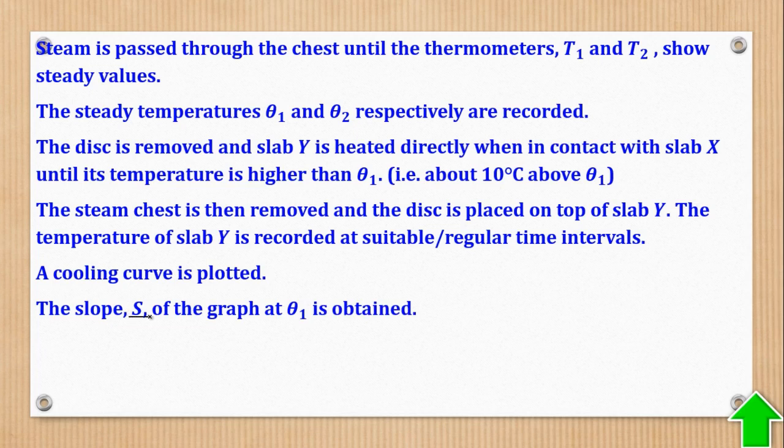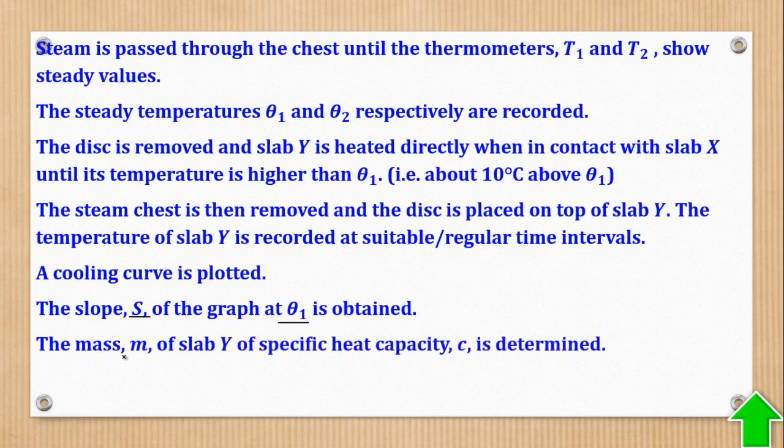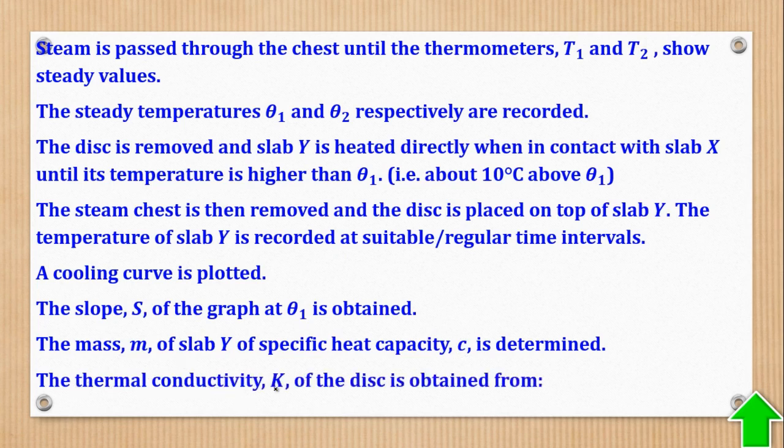The slope S of the graph at theta 1 is obtained. The mass M of slab Y of specific capacity C is determined. So M denotes the mass of slab Y and C denotes the specific capacity of slab Y. The thermal conductivity K of the disc is then obtained from the formula K is equal to 4mCSL over pi d squared in brackets change in temperature.